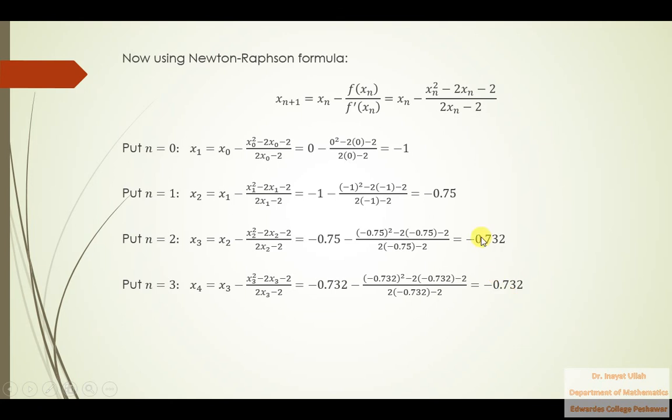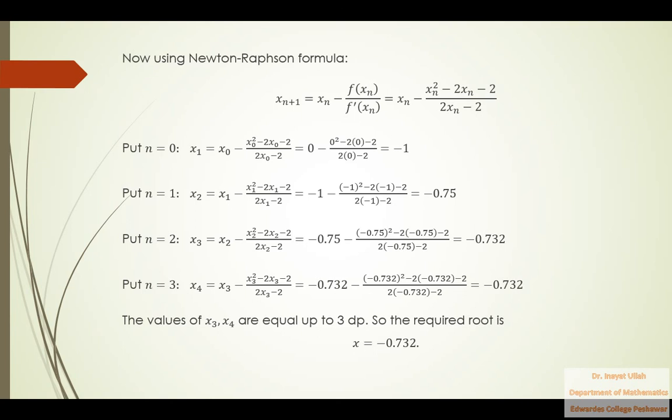Now we see that these two consecutive values of x, x3 and x4, are equal to each other up to 3 decimal places, so the required root is minus 0.732. So that is the Newton-Raphson method, and it is very simple to understand.